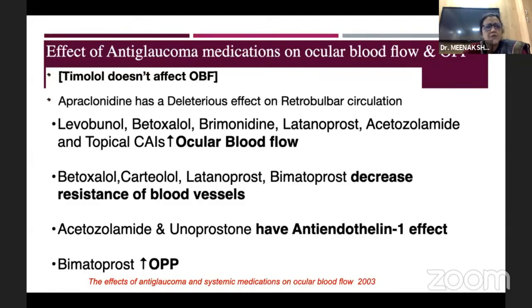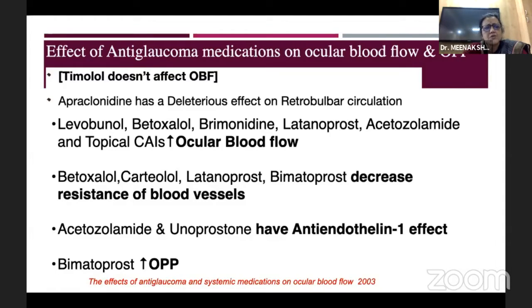Now coming to the effect of anti-glaucoma medications on ocular blood flow, timolol does not affect ocular blood flow. Apraclonidine has a deleterious effect on the episcleral and bulbar circulation. The other beta blockers like levobunolol, betaxolol, and also brimonidine, latanoprost, acetazolamide, and topical CAIs increase the ocular blood flow.